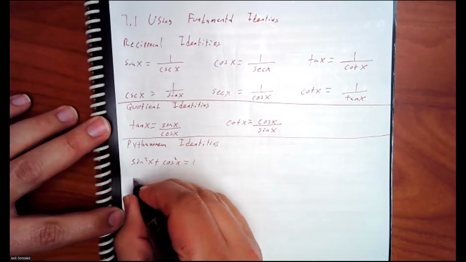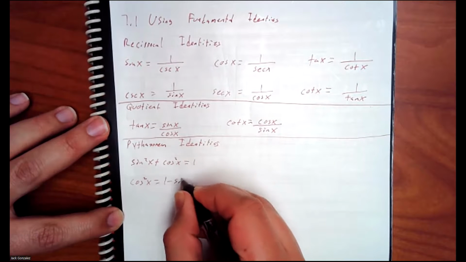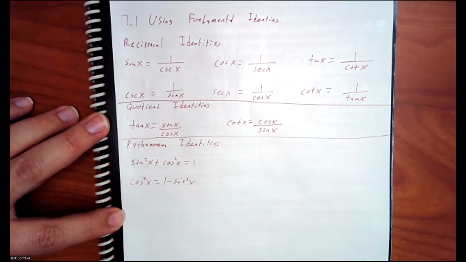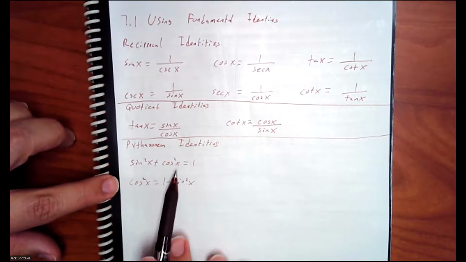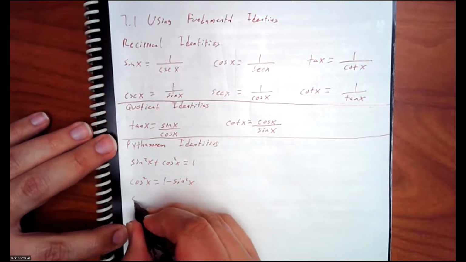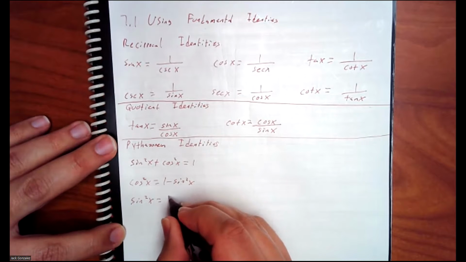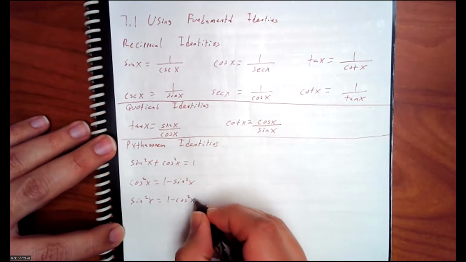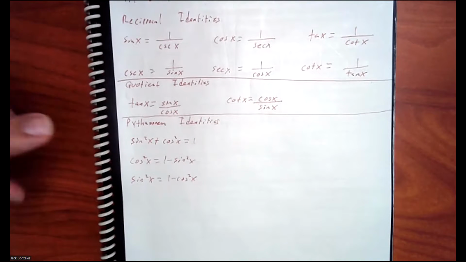Or subtract sine, I guess. See what I mean? Subtract sine on both sides, solve for cosine. Or solve for sine and you get the other one. So there's 3 using the original.